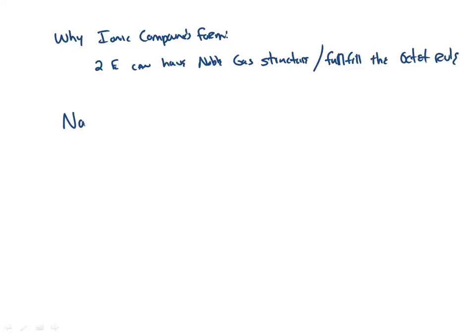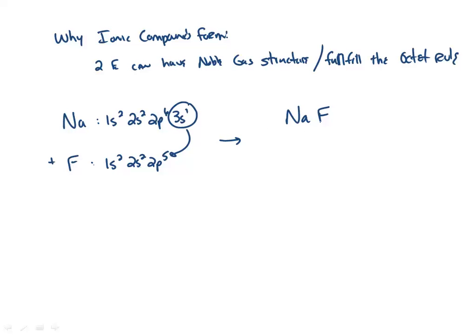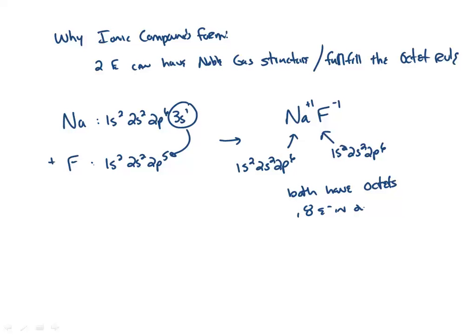If I take a sodium that has 1s2, 2s2, 2p6, 3s1, plus a fluorine that looks like 1s2, 2s2, 2p5, well, if this electron from sodium goes to fill that orbital, then on the other side, when I look at that sodium fluoride compound, with the +1 and the -1 charge, then sodium really looks like 1s2, 2s2, 2p6. Fluorine looks like 1s2, 2s2, 2p6. They both have octets, or basically 8 electrons in the outer shells.